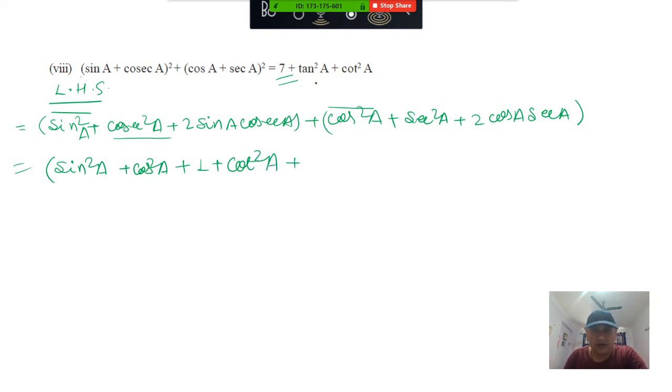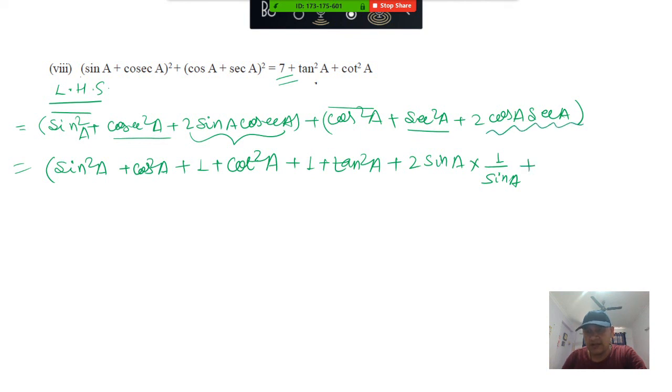The next term is sec square a, which can be written as 1 plus tan square a. Correct? The term remaining is 2 sin a cosec a, so let's write it as 2 sin a, and cosec a is 1 upon sin a. This is also remaining, so we can write it like this: 2 cos a into 1 upon cos a, because sec a can be written as 1 upon cos a.